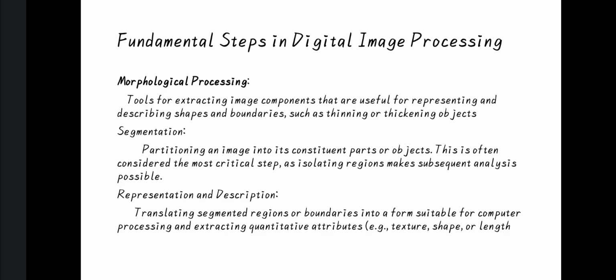In this stage, the input and output are images. Then segmentation: partitioning an image into its constituent parts or objects. This is often considered the most critical step, as isolating regions makes subsequent analysis possible.